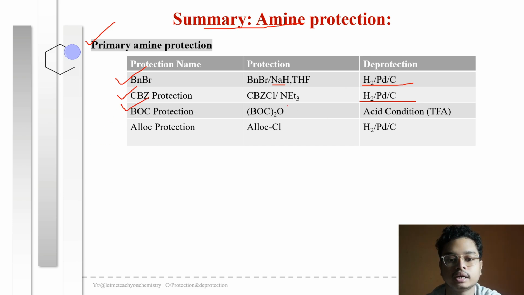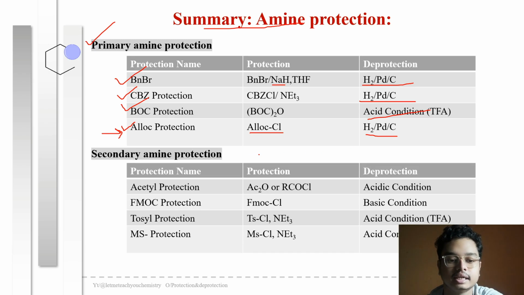For Boc protection you can use Boc2O, and for deprotection we need acidic conditions, that is, trifluoroacetic acid. There is also alloc protection for primary amines. Alloc is especially used for amino acid group protection, where for protection we use alloc-Cl, and the deprotection strategy is hydrogen, palladium on charcoal treatment. Now if we look at secondary amine protection, here the acetyl protection is there.